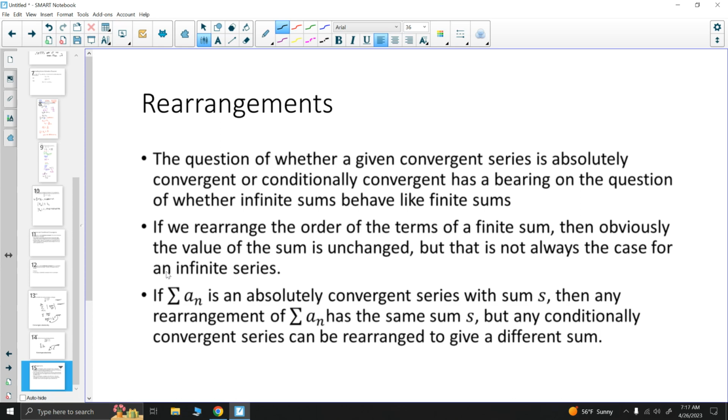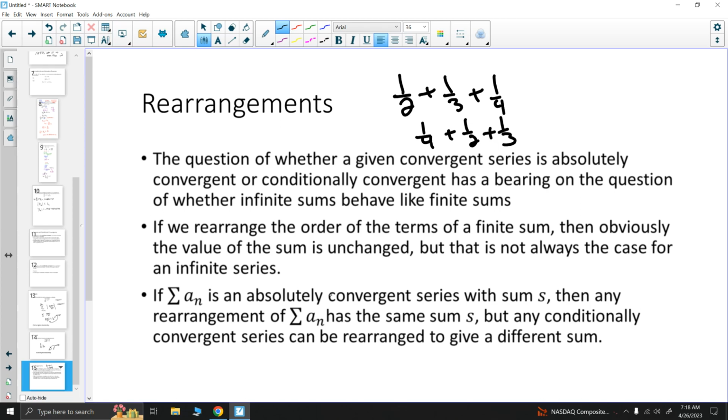But anyway, if we rearrange the order of the terms of a finite sum, obviously the value of the sum is unchanged. If we had something like 1/2 plus 1/3 plus 1/4, well, clearly 1/4 plus 1/2 plus 1/3 should be the same because we know our math rules. However, that's not always the case with infinite series.